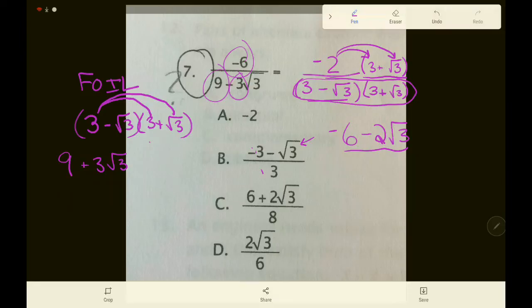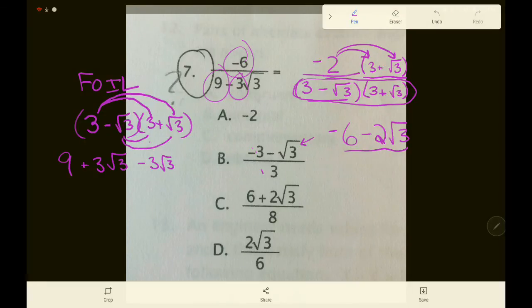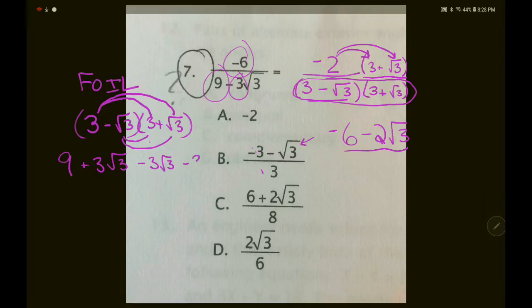And the inside term is negative 3 times 3, which is minus 3 square root of 3. And the last term is negative square root of 3 times the positive square root of 3. And that is negative 3.